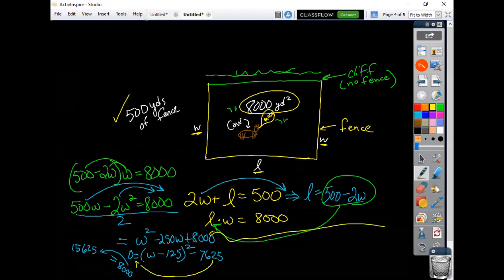So if I added that to the other side, I'd have 7625 equals the W minus 125 squared. Square root it. Don't forget your plus or minus to undo the square on the other side. And then lastly, add the 125 over. So let's check out the square root of 7625.